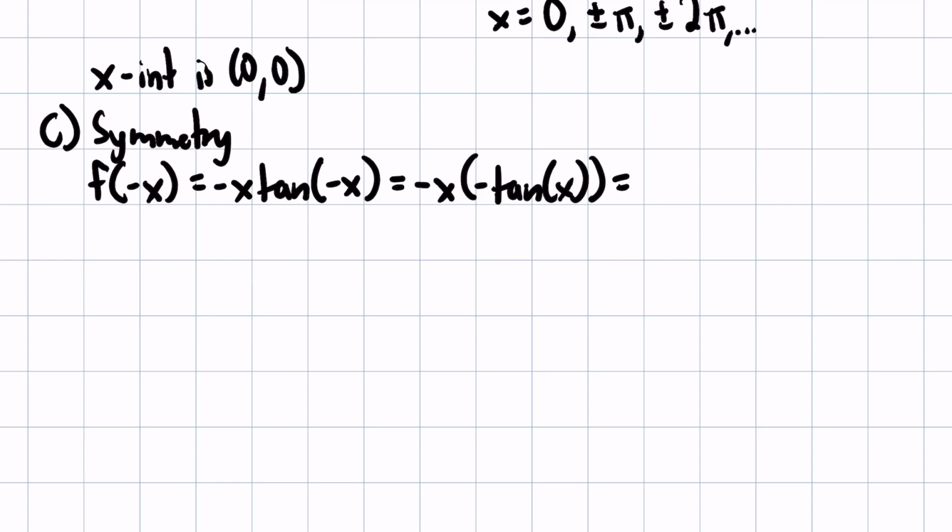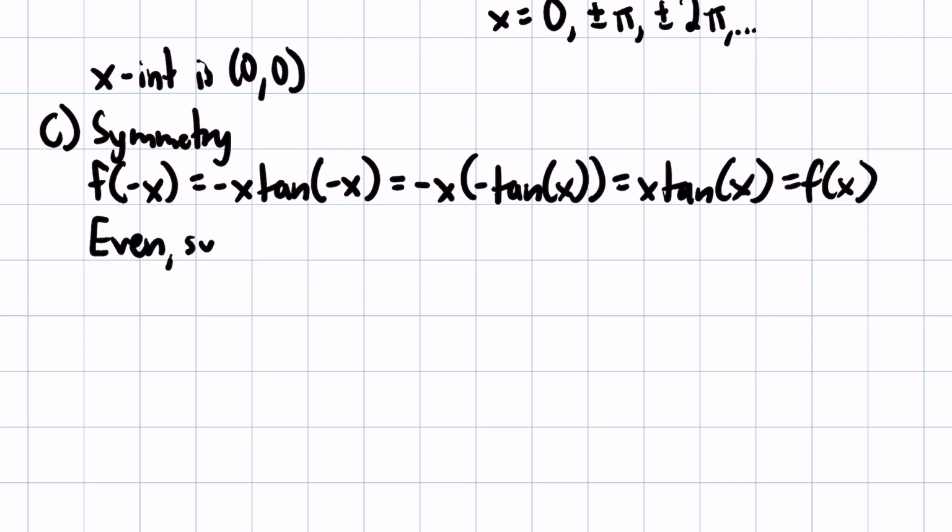Those negatives cancel out. We have x tangent of x, and that's our original function. So this function is even, which means it's symmetric about the y-axis. So this is sort of just the symmetry you think of typically, where if you were to fold the graph across the y-axis, it would be the same on both sides.